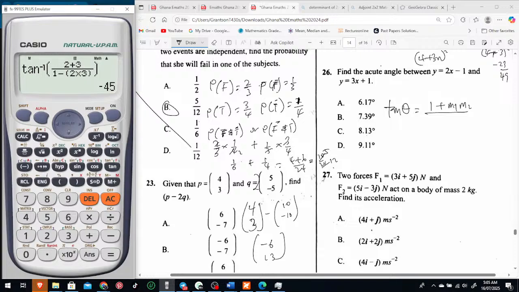It should be M2 minus M1 over 1 plus M2 M1.